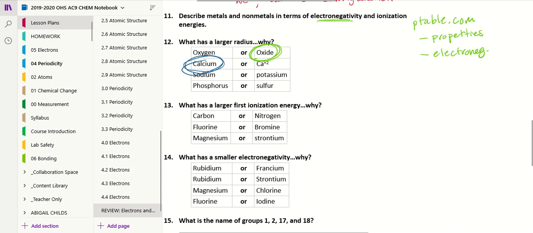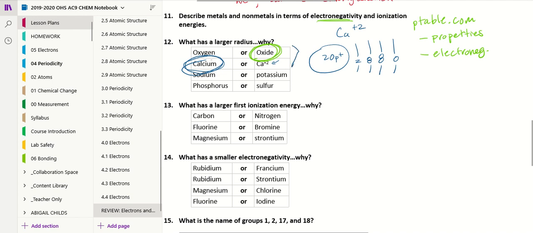Because you had 20 protons in the nucleus, 2, 8, 8, 2. In order to become Ca plus 2, you have to get rid of these electrons right here. So yeah, technically now you have less shielding for Ca plus 2, so calcium is your larger radius.